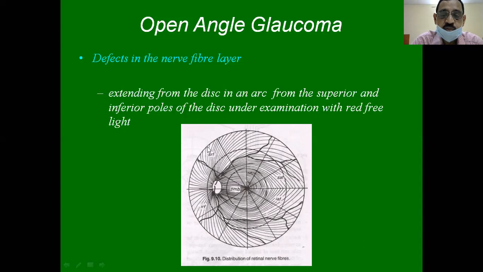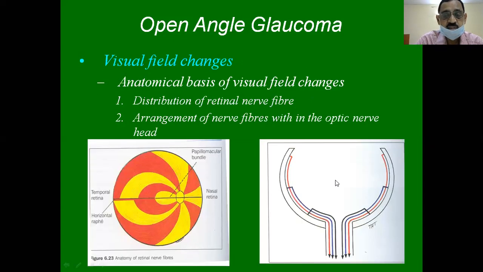So this is superior radiating fibers, inferior radiating fibers, arcuate fibers, inferior arcuate fibers, papillomacular bundle, and this is the median raphe. That's how these things are. The anatomical basis of visual field changes depends upon the retinal nerve fibers and also the arrangement of retinal nerve fibers within the optic nerve head.